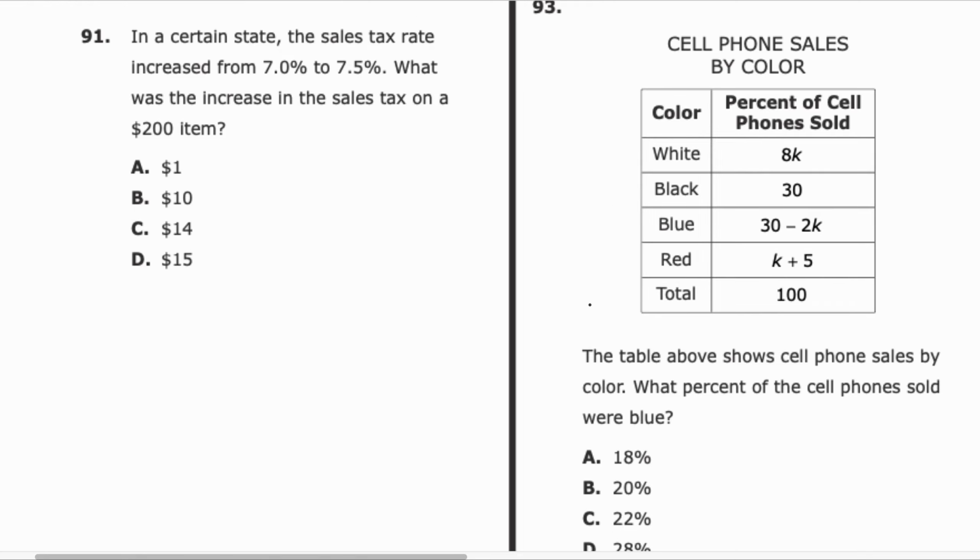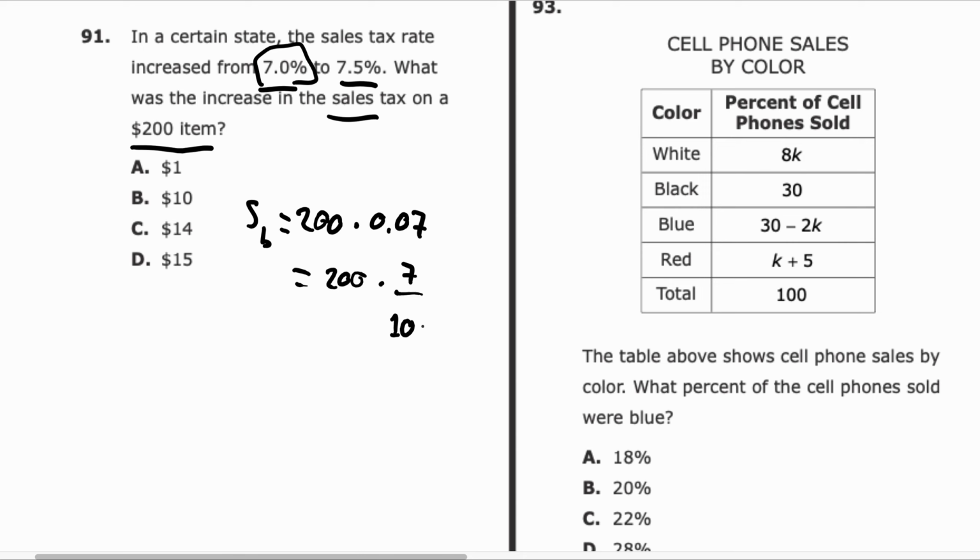Okay. In a certain state, the sales tax rate increases from 7% to 7.5%. What was the increase in sales tax on a $200 item? Before, the sales tax was $200 times 7%, so that's 0.07, and that would be 200 times 7 over 100, which would just be $14.